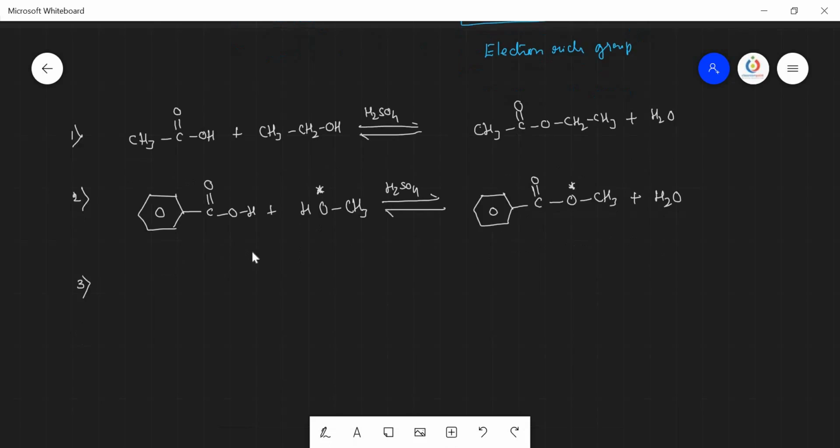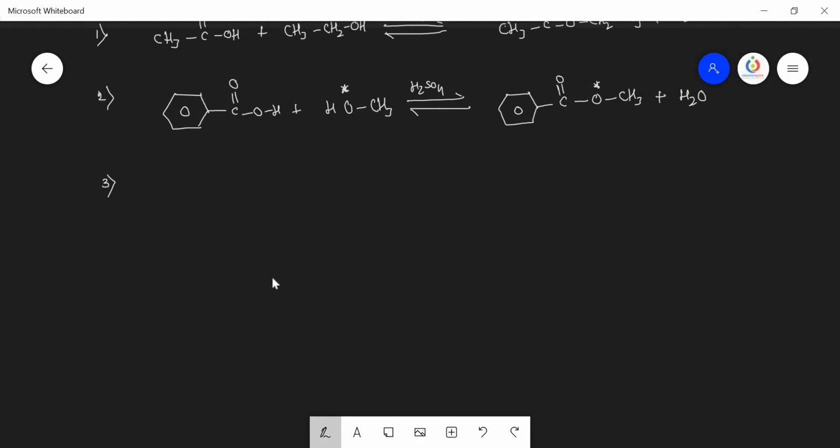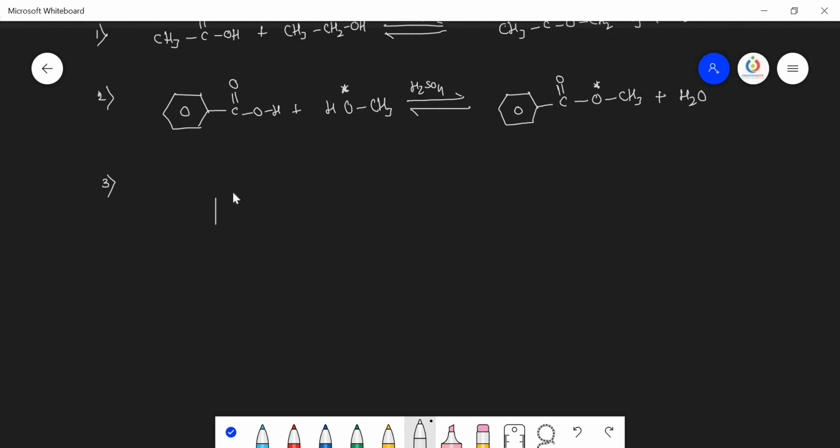Third one is a dicarboxylic acid. This is oxalic acid.